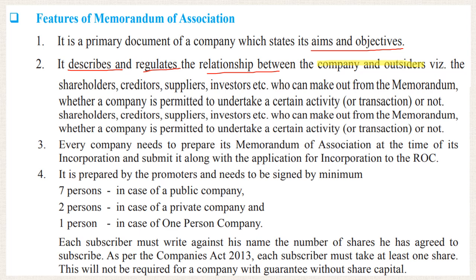Outsiders can be even the shareholders, creditors, suppliers, investors, etc., who can make out from the memorandum whether a company is permitted to undertake a certain activity or any transaction or not. So just by reading the memorandum, the outsiders know what the company's activities are.